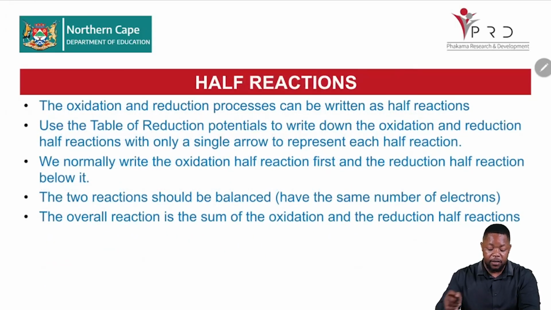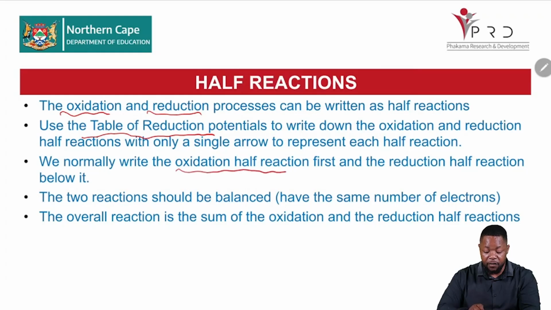The half reactions: we have the oxidation and the reduction half reactions, which are written as half reactions, as you have seen earlier. We use the standard reduction potentials to write them.